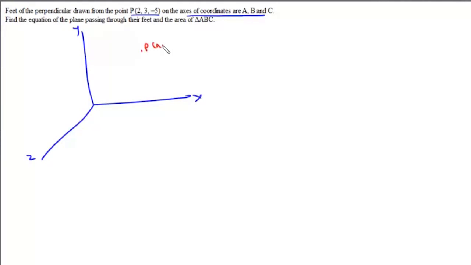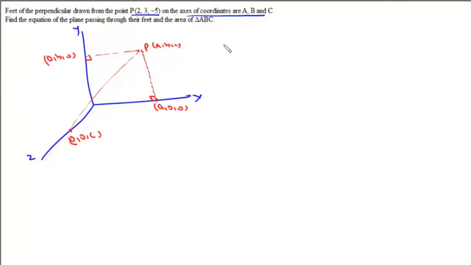Now here the question is: feet of perpendicular drawn from the point 2, 3 and minus 5 on the axes of coordinates are A, B and C. Once we have this coordinate system, x, y and z, and we have any point P which is a, b, c, then the perpendicular from P to the x axis will be a, 0, 0, on the y-axis will be 0, b, 0, and on the z-axis will be 0, 0, c.